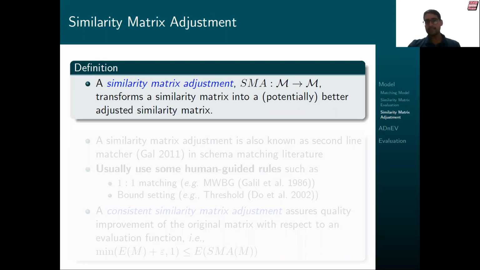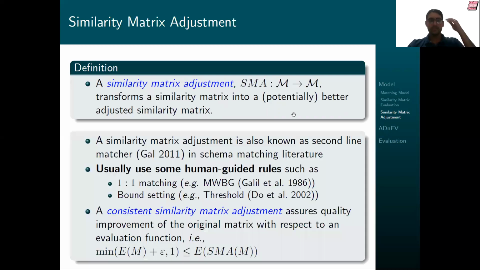The second task is adjustment. A similarity matrix adjustment transforms a similarity matrix into a potentially better one. Adjustment is also known as second-line matcher in schema matching literature and usually uses human-guided rules such as one-to-one matching and bound setting.